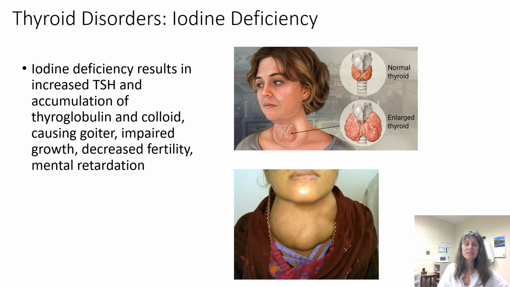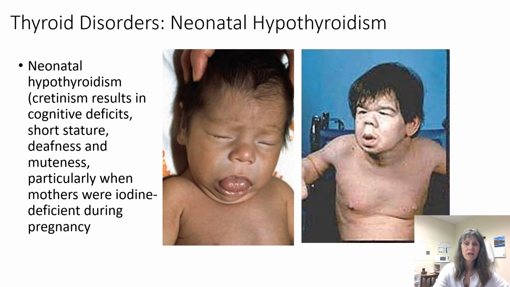But because there's a deficiency in iodine, if people don't get enough iodine in their diet, then that can cause impaired growth. It can lead to decreased fertility. It can lead to mental retardation. In neonatal hypothyroidism, we see cretinism, which is not only delayed growth, but also delayed and deficient neurological development.